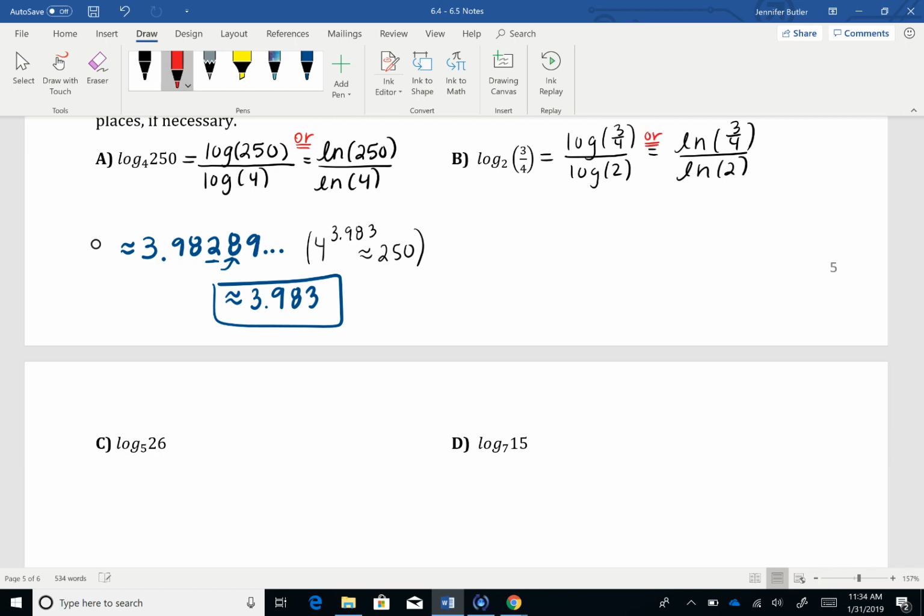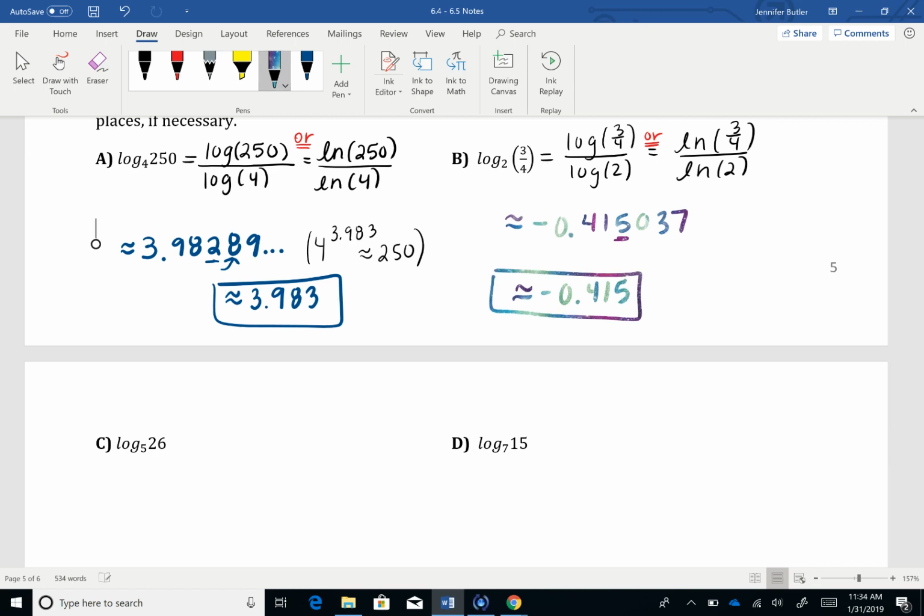When you type that into your calculator, you'll get approximately negative 0.41537. If I'm rounding to 3 decimal places, that'd be right here. Oh, there's a 0 following it, so I will just keep it as is, and my answer will be approximately negative 0.415.